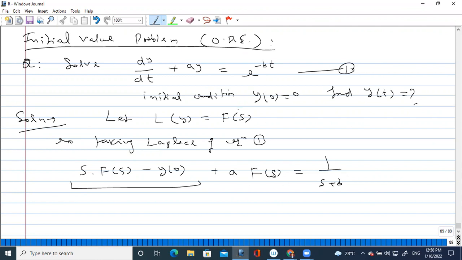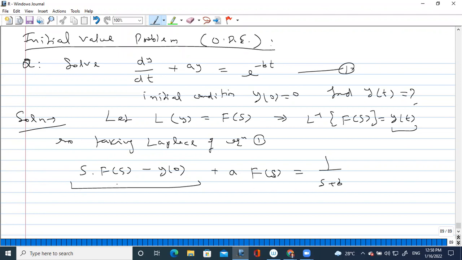Okay. But I want to know first this F(s). This implies that Laplace inverse of F(s) is your y(t), and this is what you want to know. So segregate F(s) from here and then take the Laplace inverse of that.